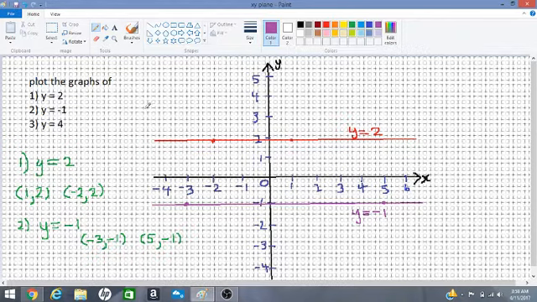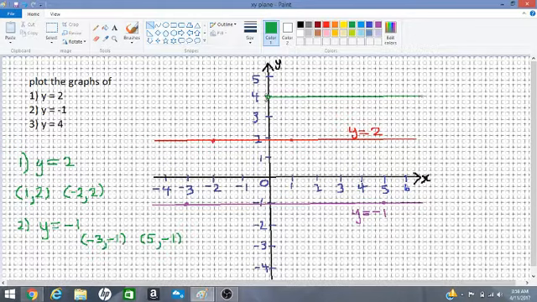And let's plot our last graph without using any points, without even thinking much. We know that the graph has to be horizontal. And so if y is equal to 4, we start at 4. So we have a point here, and we could have a point anywhere along this horizontal line.